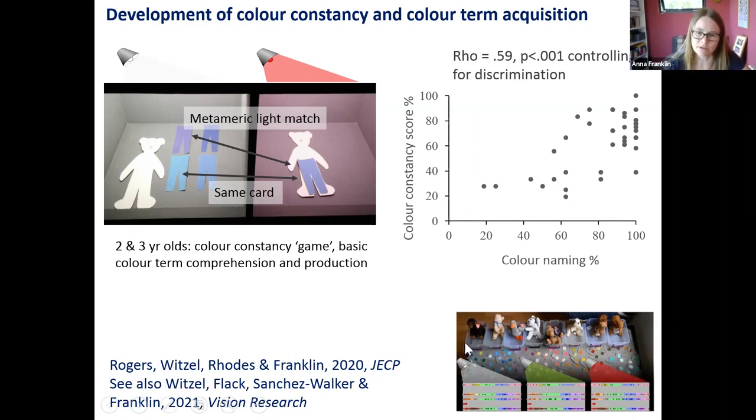There's also a recent study where we asked children to group colours into families, and they did this multiple times under different illuminations. And at 2 to 3 years old, children's colour categories are actually remarkably stable under different illumination.